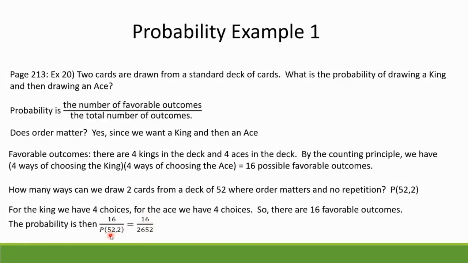Notice I didn't write out P of 52 in factorials. You don't have to do that. I mean, if you do, that's fine. I'm not going to take points off, but you don't have to do that. Good. All right. Are there any questions on this one?